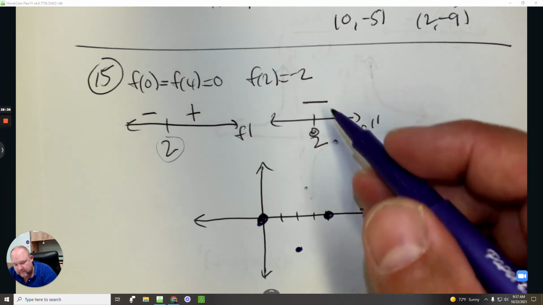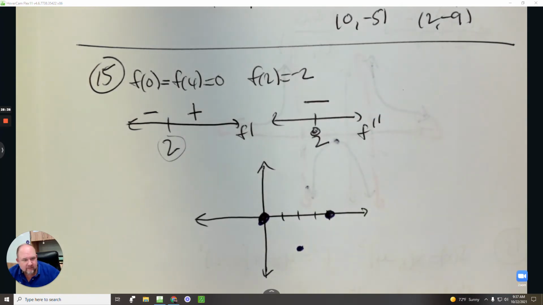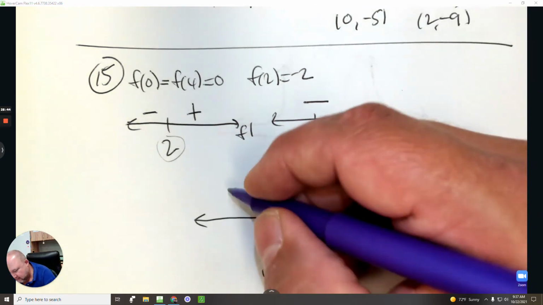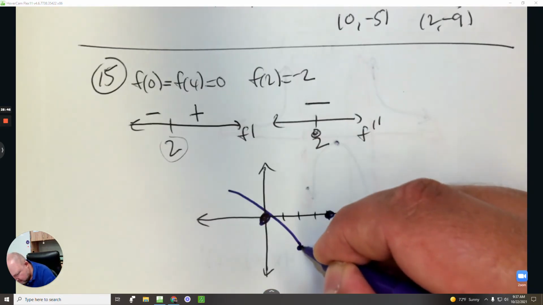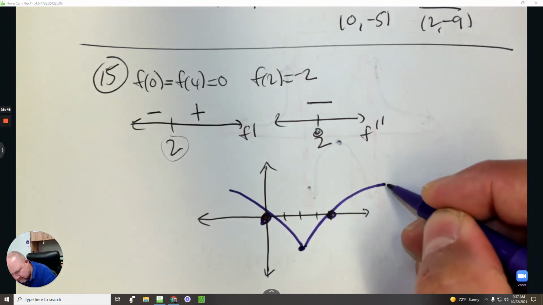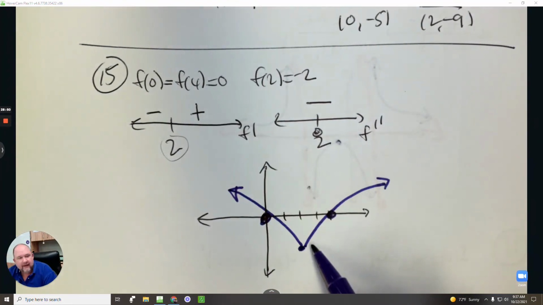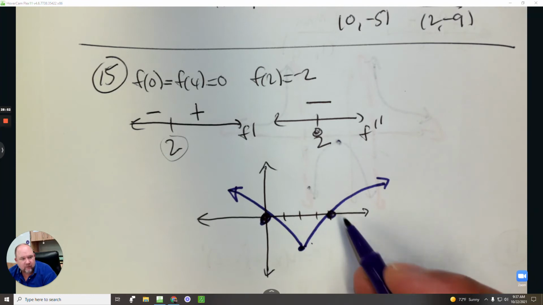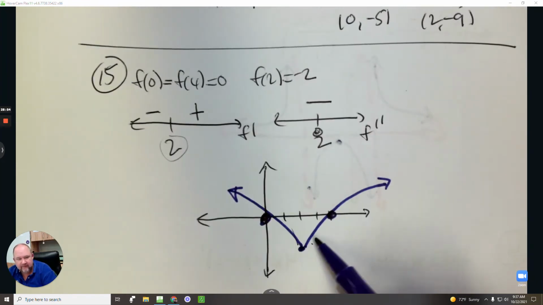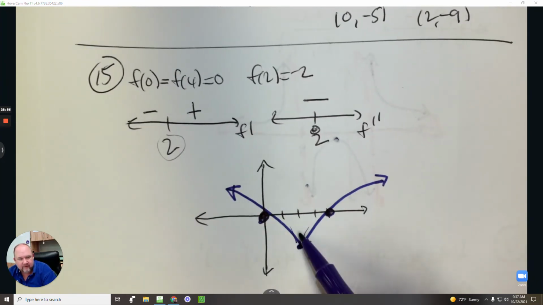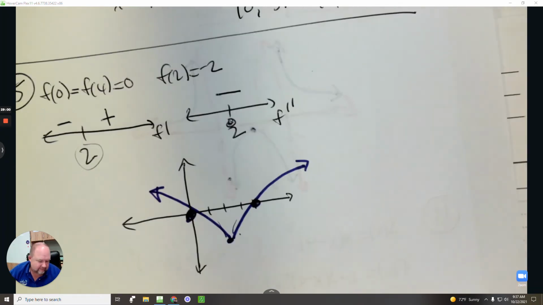This is going to be concave down throughout. And it decreases and then increases. So it's concave down, and the derivative doesn't exist here because of the corner. So it's concave down, it decreases, it increases, and it matches. Number 16.